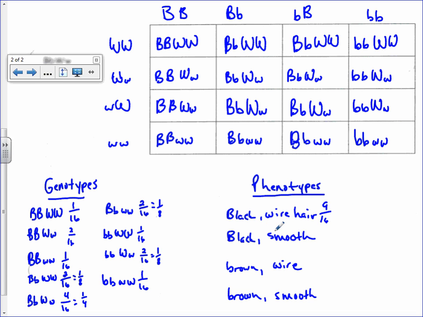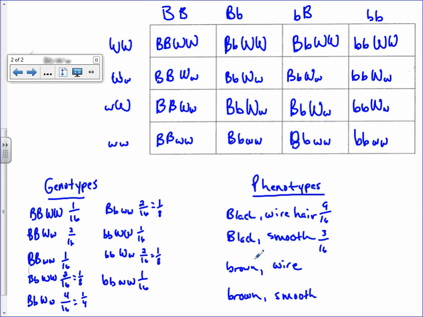Black dog with smooth hair, that's going to be a capital B and 2 lowercase w's. So we have 1, 2, 3 out of 16 chance that it's going to look like that.